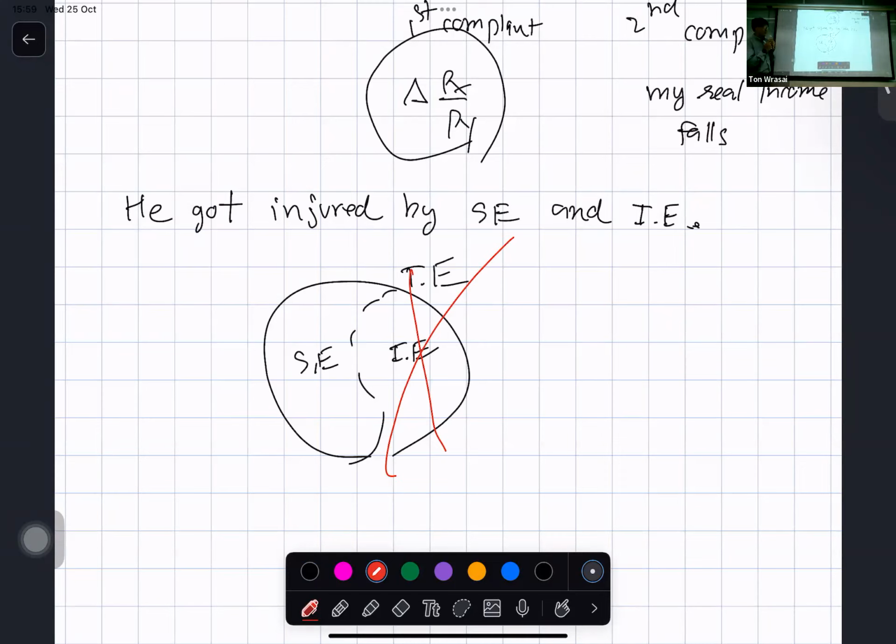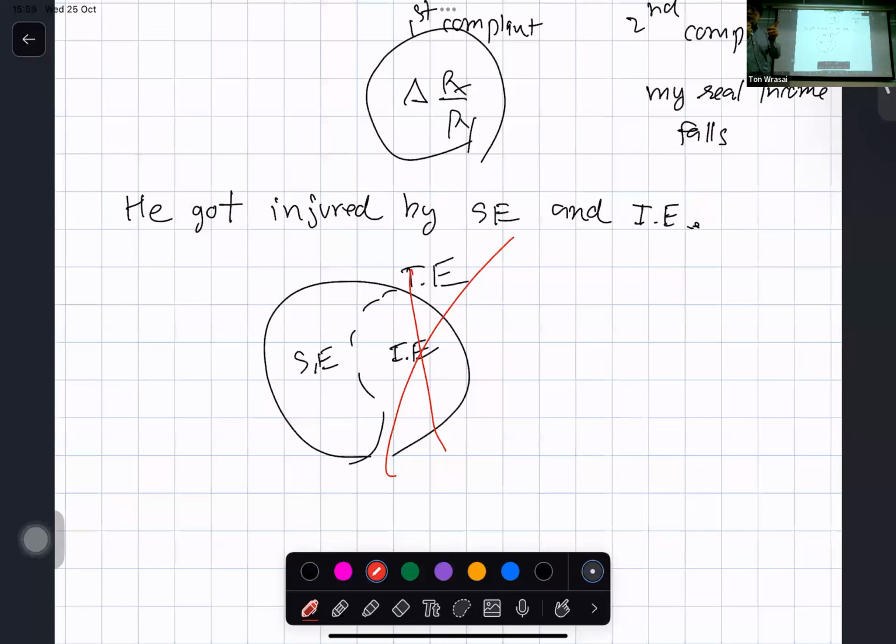How to remove it? This guy said he got injured by the change in relative price. One thing, he got injured by the fall in real income. Now, if we want to separate these two, let's remove IE. Let's make this guy shut up about the complaint about income effect. He said his real income fell. Okay, we agree with him.